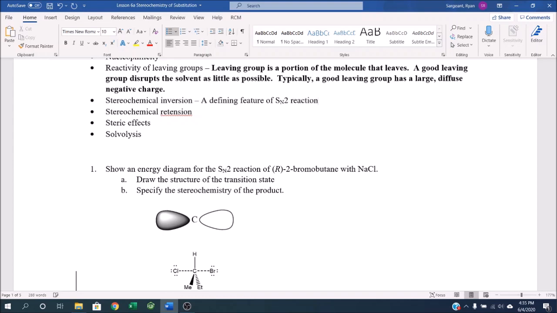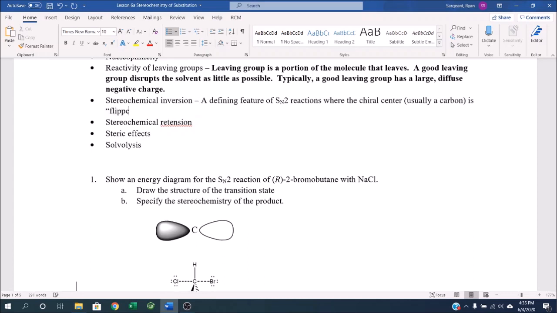So stereochemical inversion is the defining feature of SN2 reactions, where the chiral center, usually a carbon but it could be other atoms, is flipped from R to S or S to R. It depends on what it started out as. If it started off as S, then we expect it to flip to R. If it starts off as R, then it flips over to S. So this is the concept of stereochemical inversion.